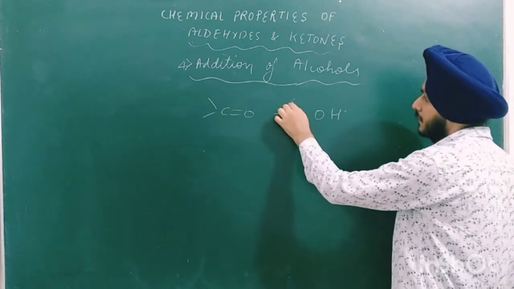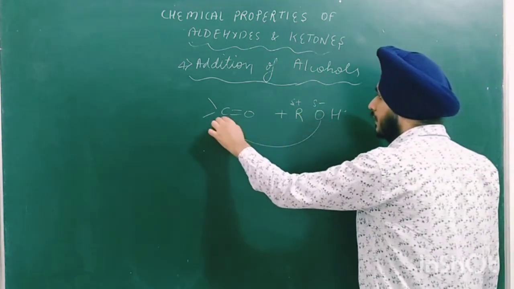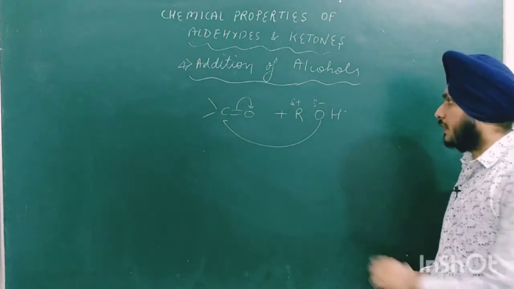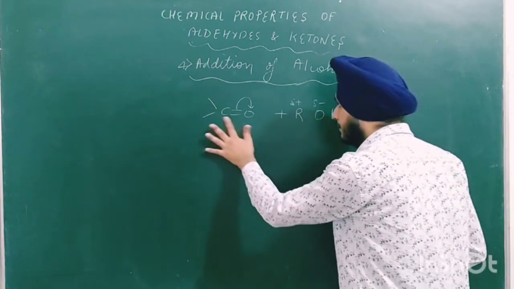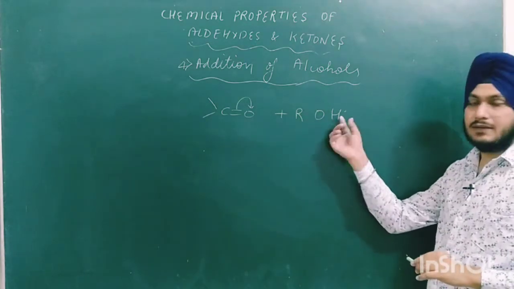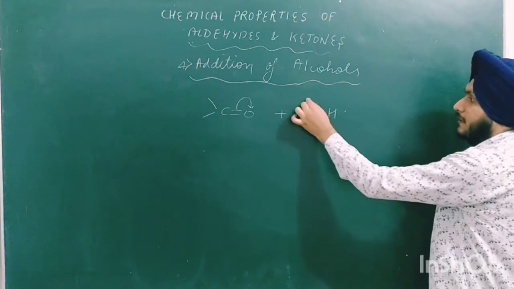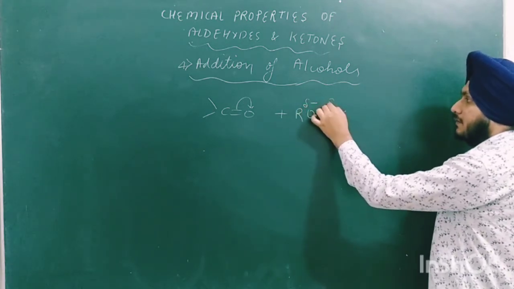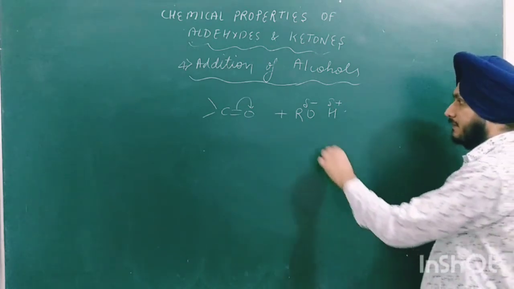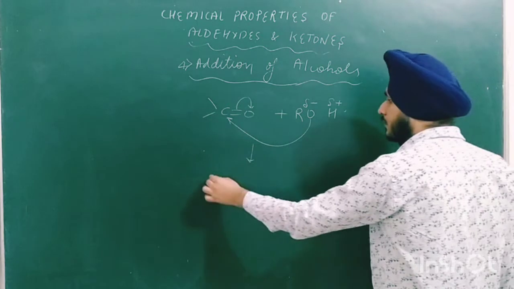So here we have partial positive, partial negative, so this OH will attack over here and this will shift over here. Okay, this is not the correct way to write, because the electronegativity difference between this O and H is more. So here we have partial negative and partial positive. This alkoxide group we have as a partial negative. So this will attack over here and this bond will shift.